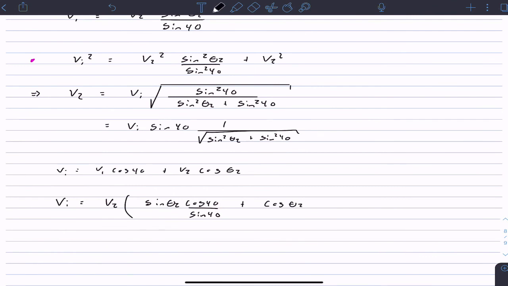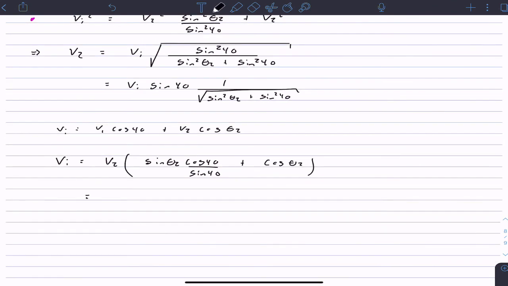Okay, I see. And then we plug in for v2, where we have vi sine 40 times 1 over the square root of sine squared theta 2 plus sine squared 40. And then we have sine theta 2 cotangent 40 plus cosine theta 2.